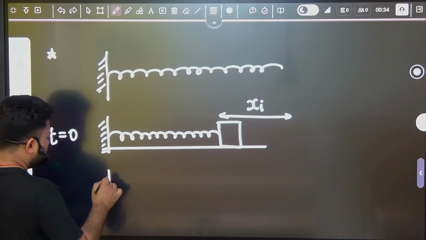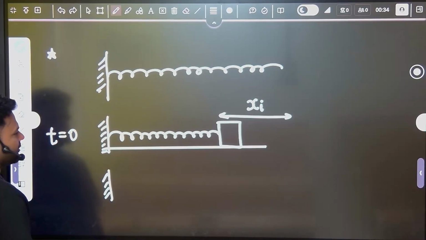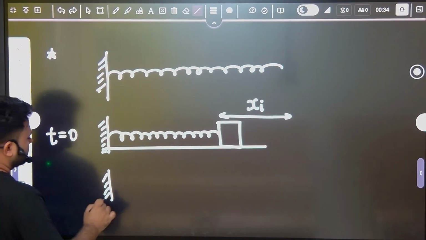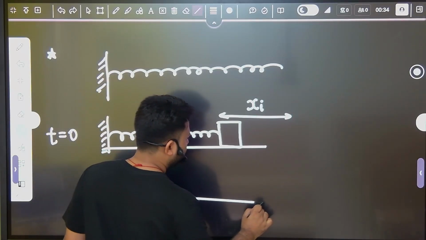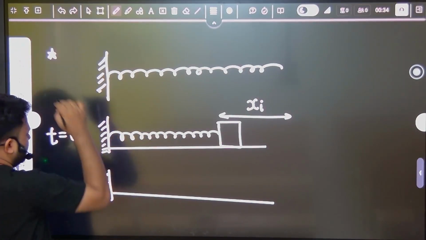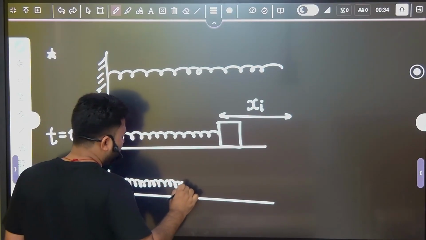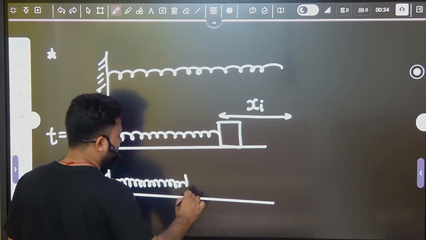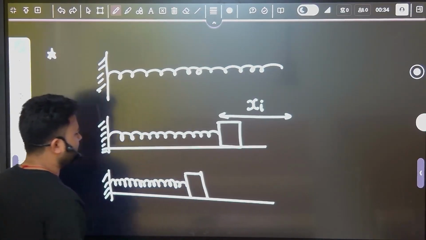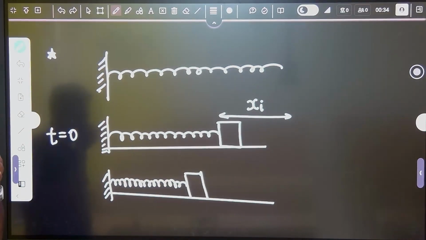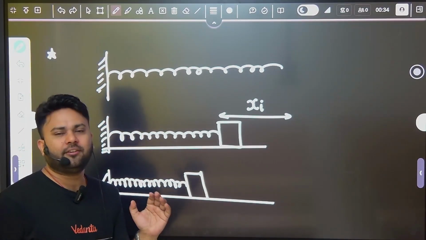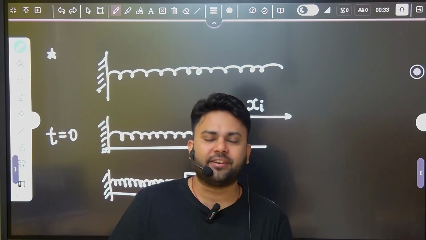Now we furthermore compress the spring again. And this is the final structure. So we have to check from the natural position.